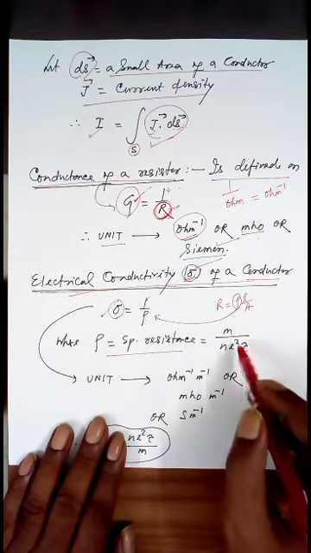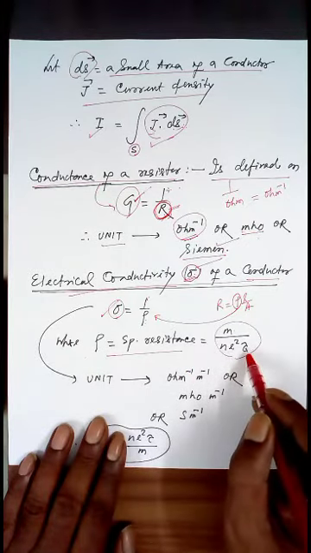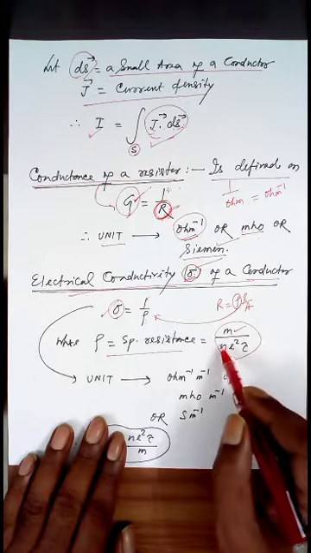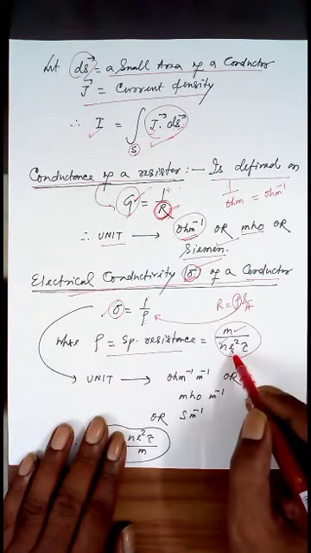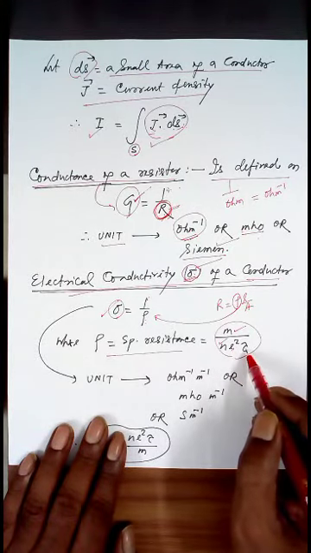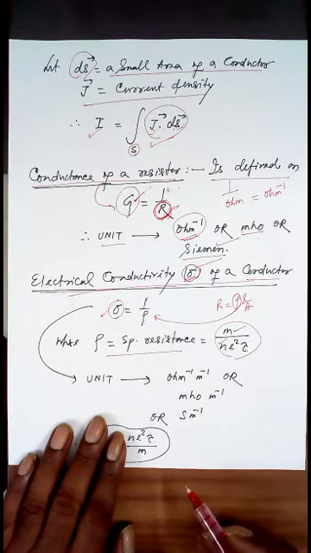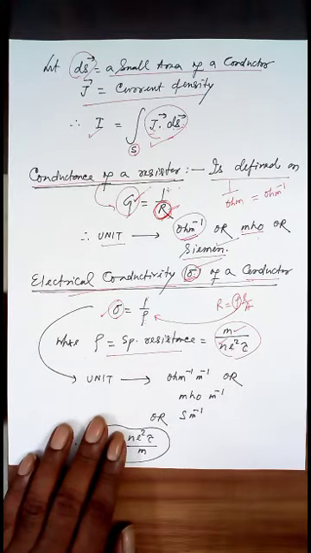In the last lesson we had derived rho as m over n e square tau, where m is the mass of the electron, n is the number of electrons per unit volume, e is the charge of the electron, and tau is the average relaxation time, that is, the average time an electron spends traveling in a conductor between collisions with atoms or ions.